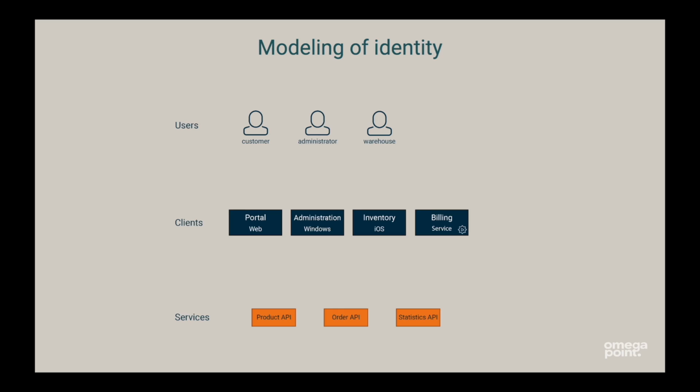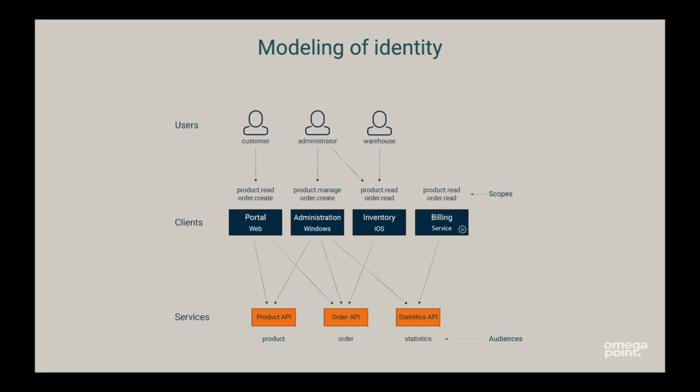Yes. So now it's time to do the modeling, and one way which we use is to draw arrows that show which client accesses a service and which users access a client.